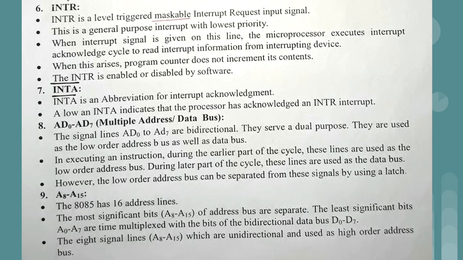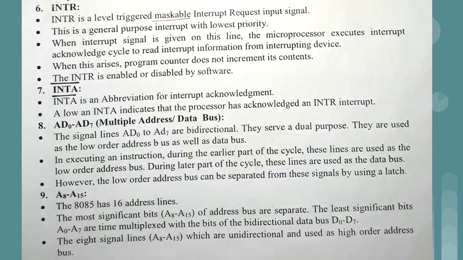When an interrupt signal is given on this line, the microprocessor executes the interrupt acknowledge cycle to read the interrupt information from the interrupting device. In the background, the microprocessor executes the interrupt acknowledge cycle. Indirectly, after the INTR pin, the next pin, number 7, is INTA, which stands for interrupt acknowledgement.